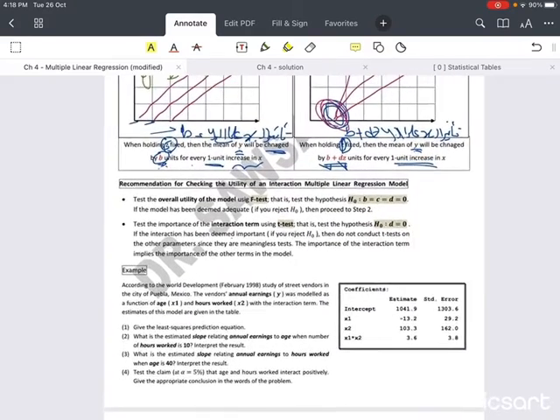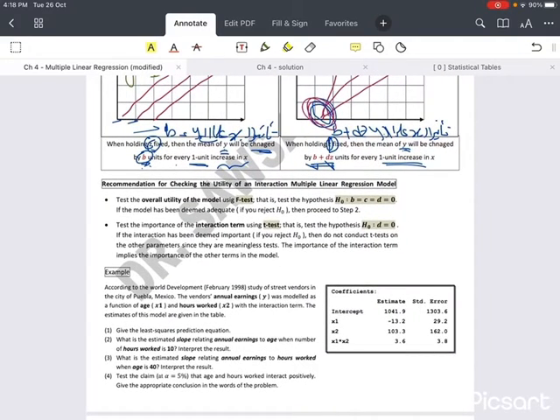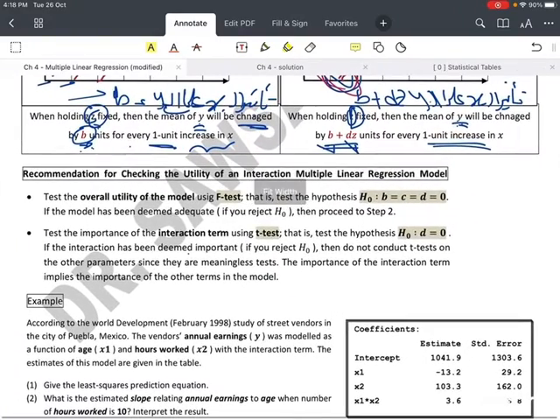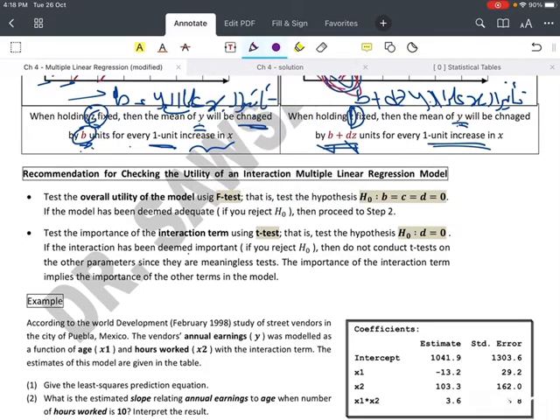We will go for the next: recommendations for checking the utility of an interaction multiple linear regression model.